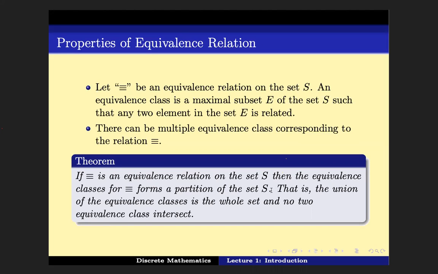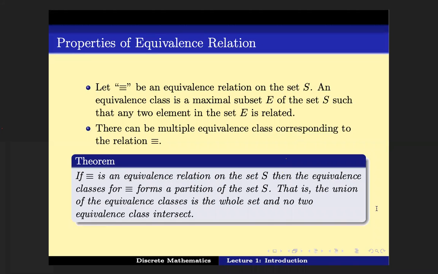I can partition S into chunks such that each chunk is an equivalence class of something. If the equivalence classes of x and y are the same, they form a single chunk. The union of all the equivalence classes is the whole set, so it partitions the set into equivalence classes.